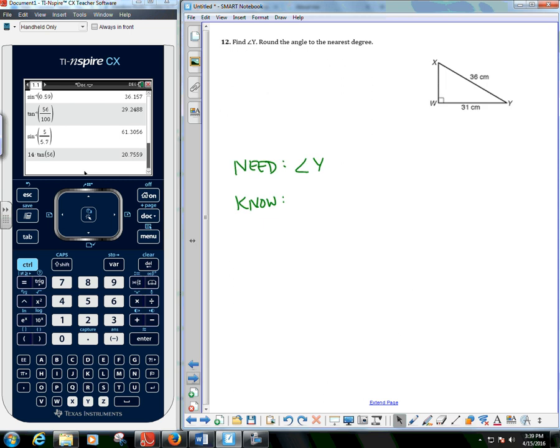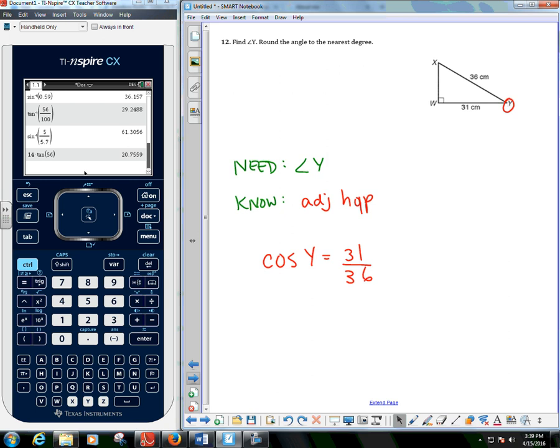Number 12, find angle Y. I'm looking for an angle, so I know I'm going to use cosine inverse, sine inverse, or tangent inverse. So I look at what I've got. I need Y. In relationship to Y, I know the adjacent and I know the hypotenuse, and the thing that uses adjacent and hypotenuse is cosine. So the cosine of angle Y is the adjacent, 31, over the hypotenuse, 36.